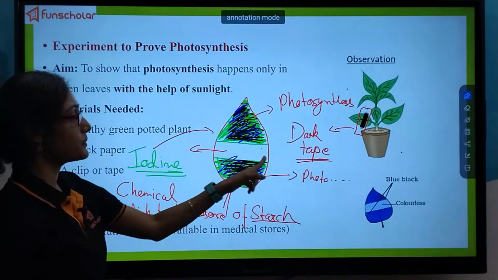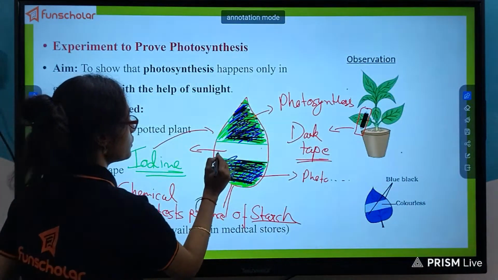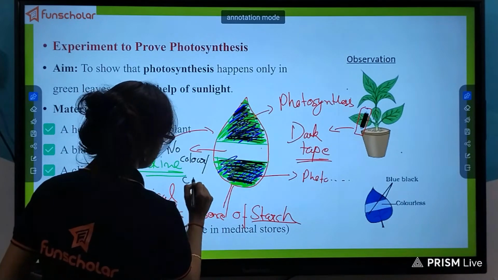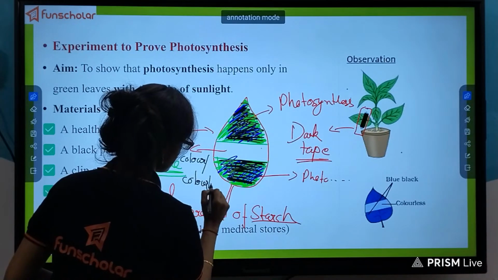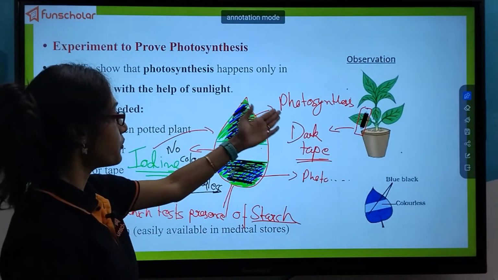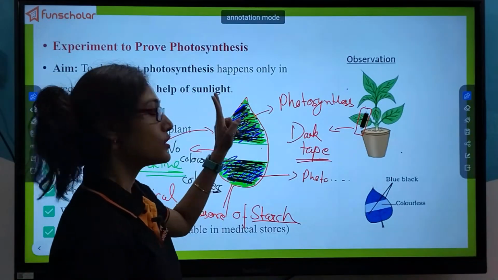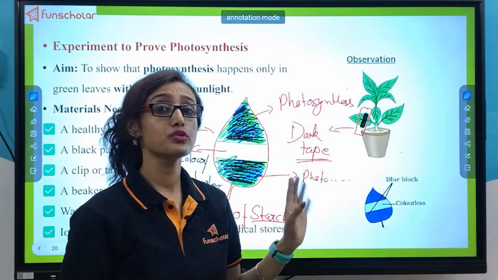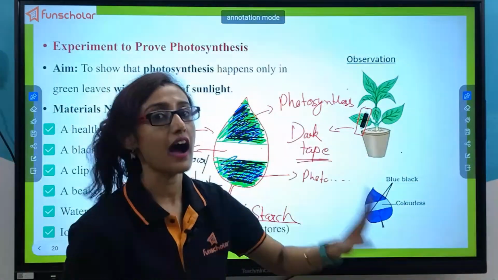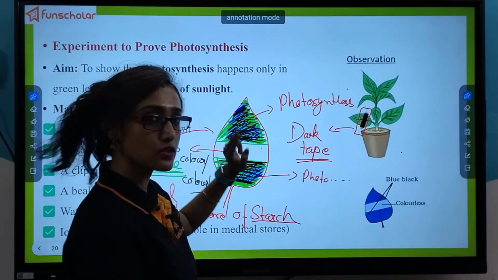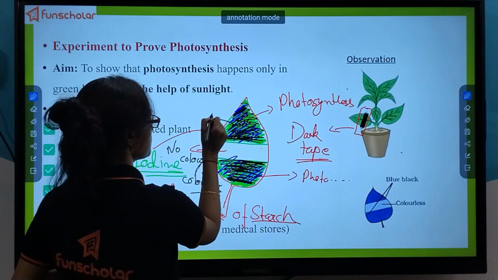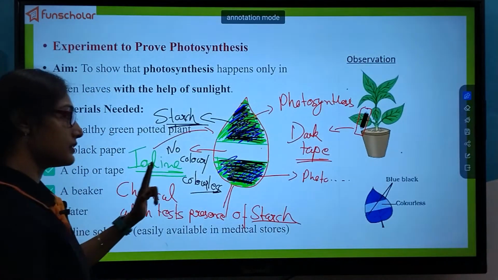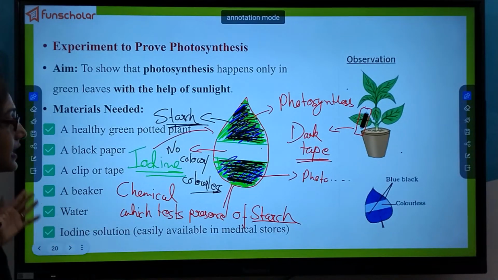But this part which was hidden by the tape, it will show no color or will be colorless. And since photosynthesis happened in this part, we can say that glucose has been made, and you know the plants do store their food in the form of starch. So in this part, if the food is being stored, starch is present, which is being proved by the iodine solution. Right? Done? So this is the experiment.